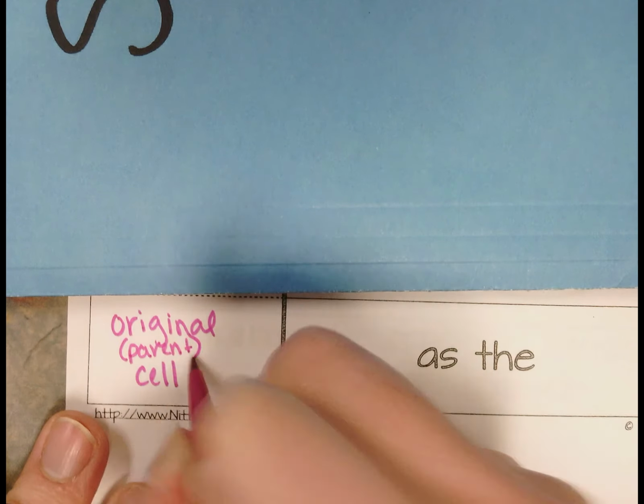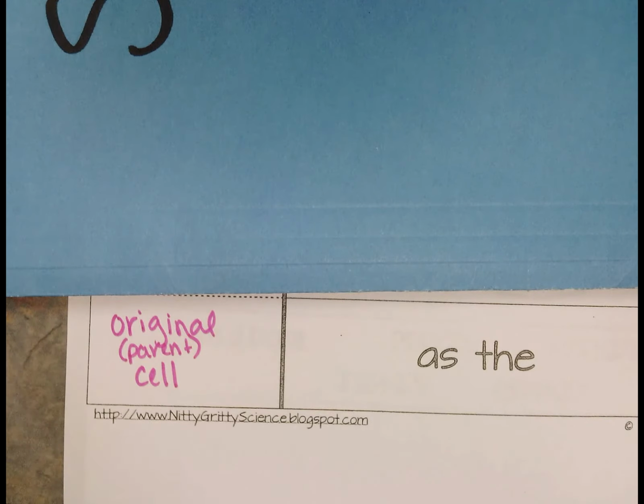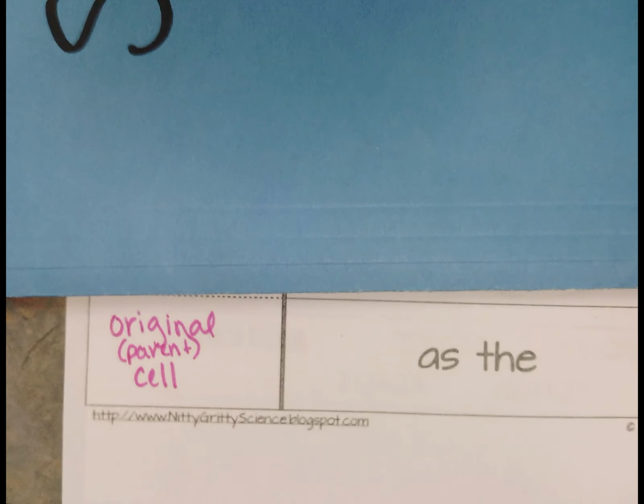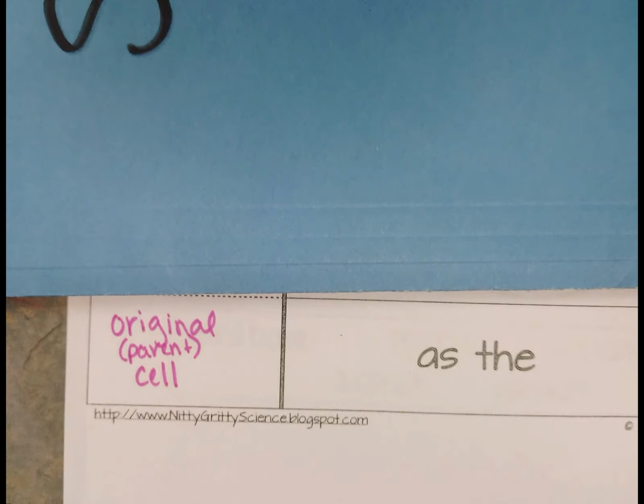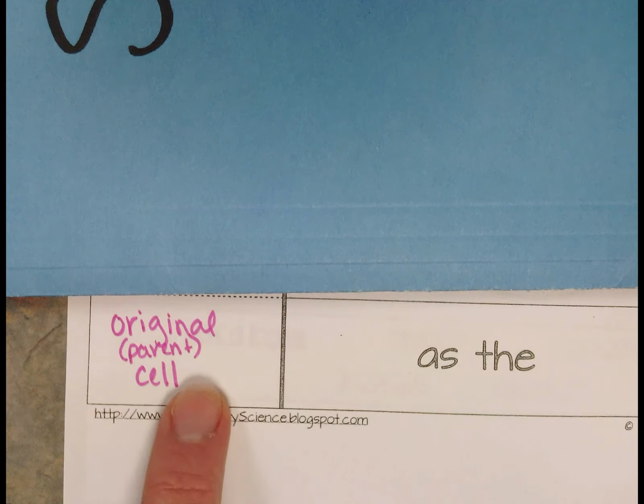So with mitosis, you're starting off with a body cell. It's diploid, meaning it has both sets of DNA. It's going to undergo one cell division. It is going to form two diploid cells because that DNA replicates, so there's DNA in each nucleus, one set of each. The DNA replicates in mitosis, and then the new cells are going to have the same number of chromosomes as the parent cells.